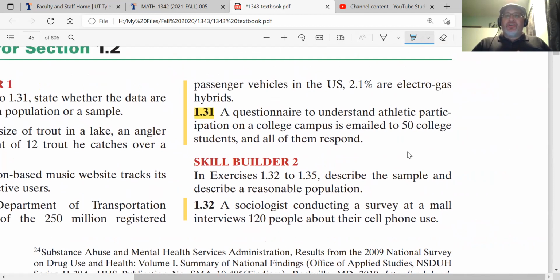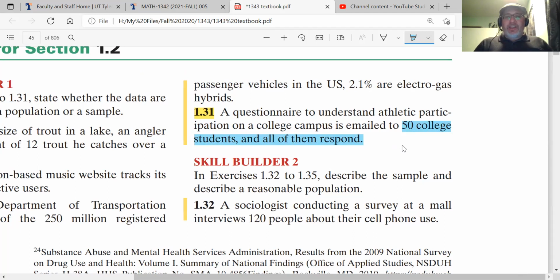A questionnaire to understand athletic participation on a college campus is emailed to 50 college students and all of them respond. All right, this is kind of tricky. It's not too tricky. Would you say that this set of 50 college students, all of whom responded, is a sample or a population?